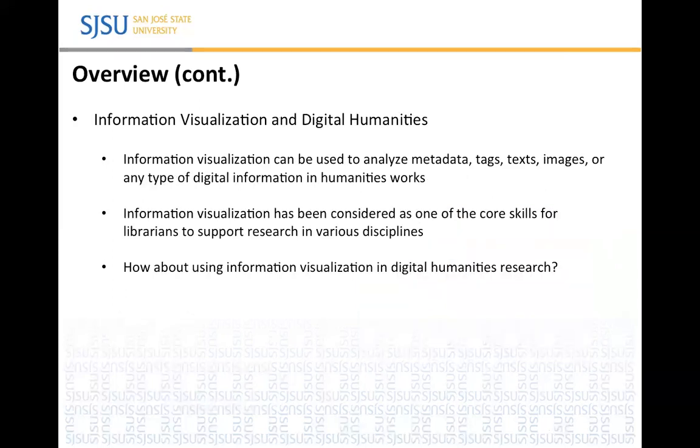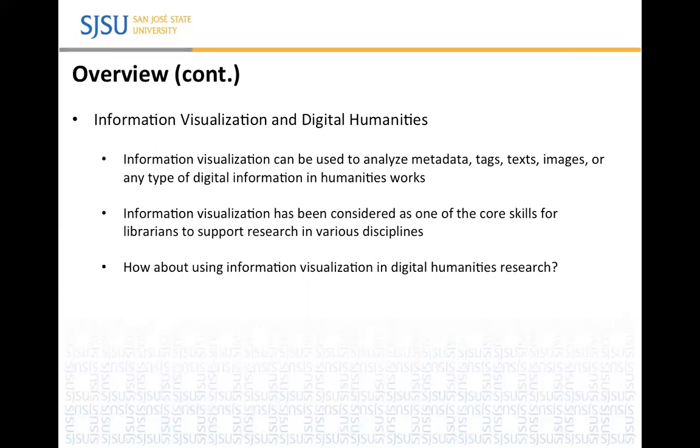So we've seen from the earlier examples that by employing various visualization techniques, information professionals can analyze metadata, tags, text, images, and any type of digital information through visual means to gain a better understanding of how humanities material has been created to present, communicate, or even deliver messages.